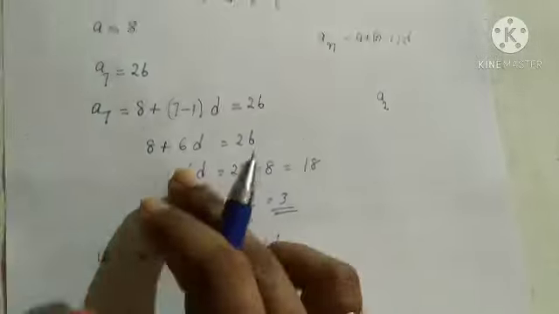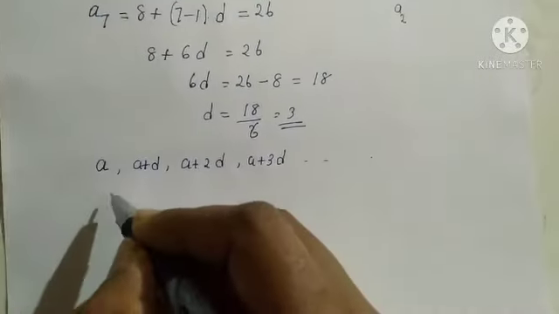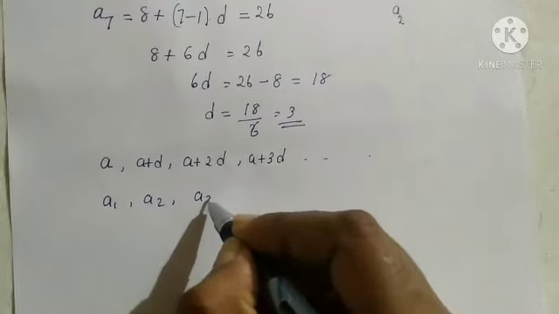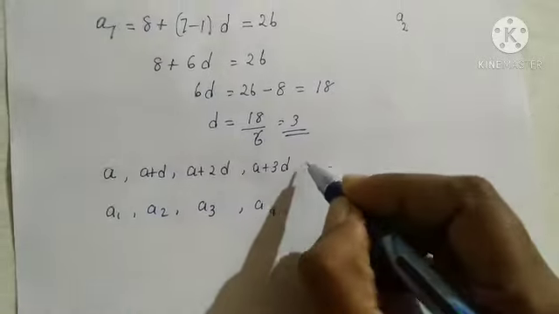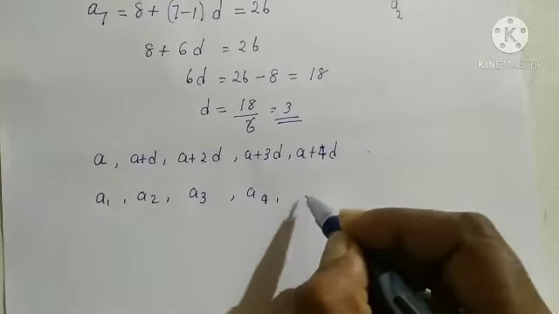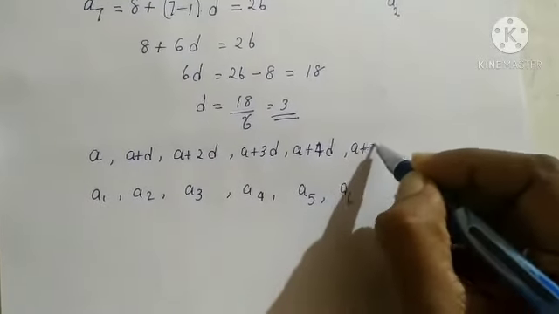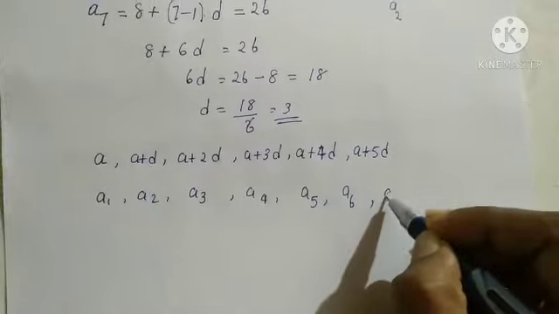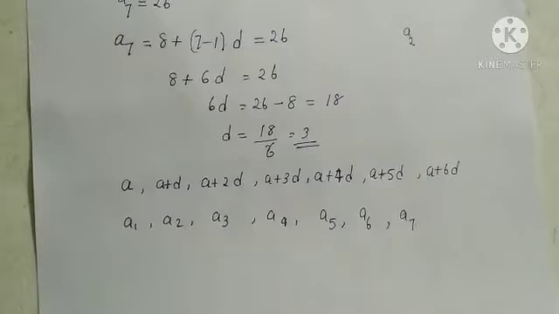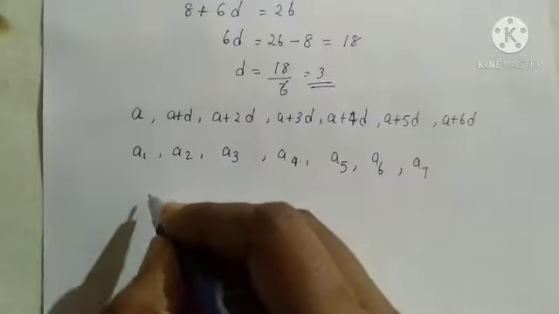So first of all I am going to write the whole A7 term. This is A1, A2, A3, A4. Fifth term is A plus 4D. Sixth term is A plus 5D. Seventh term is A plus 6D.